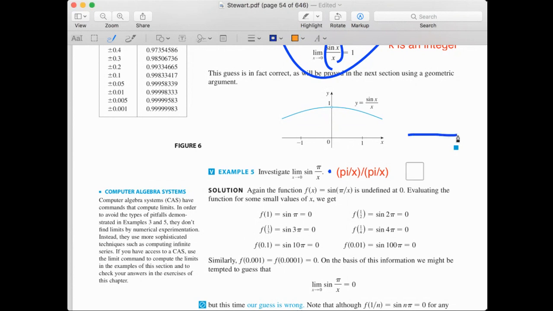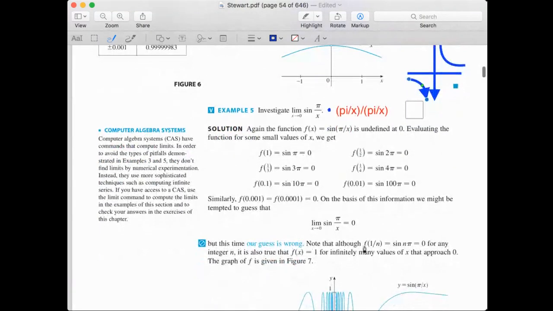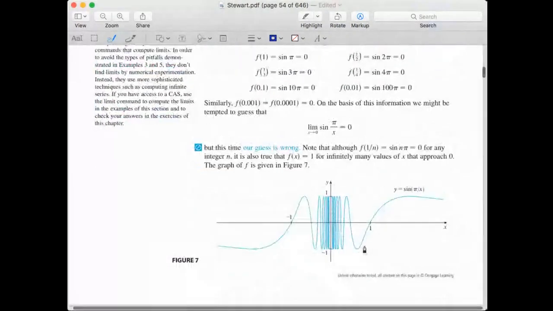The graph of 1 over x has one part over here and another part over here. At 0, from the left-hand side, the left limit goes to negative infinity. The right limit goes to positive infinity, so the limit does not exist. So the conclusion for this one: the limit does not exist.